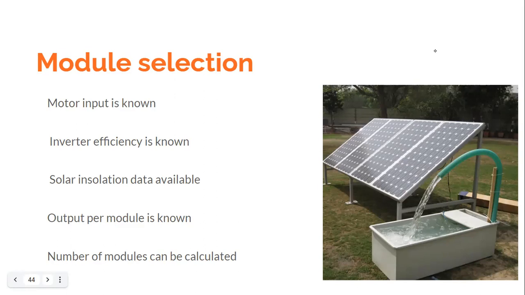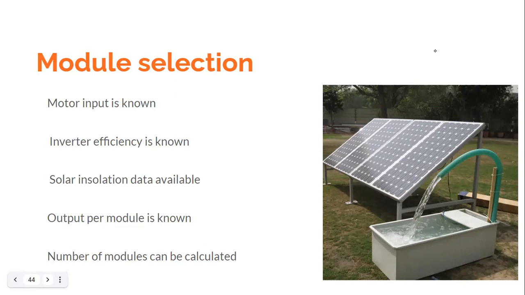Then we know that an inverter is in between the PV array and the solar pump. Okay, so if it is an AC pump, in that case we need to know the inverter efficiency. If there is a DC pump, then we need not know the inverter efficiency, but in that case the controller efficiency has to be noted down.